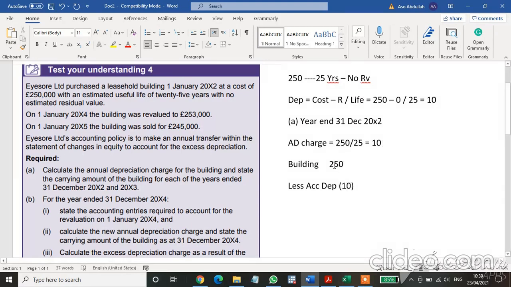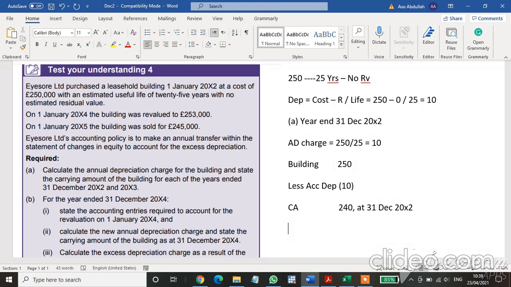So the carrying amount is going to be 240,000. So this is at 31st December 2002.